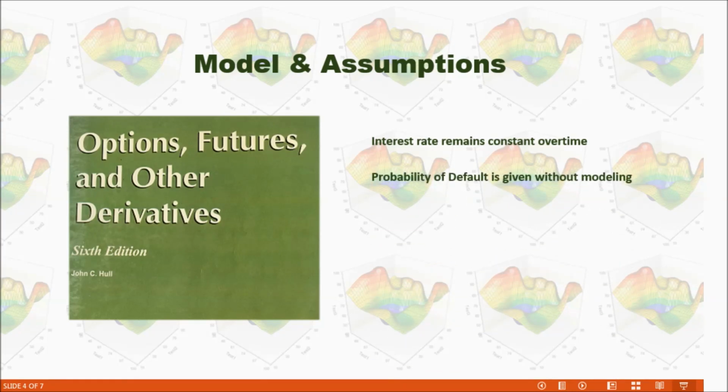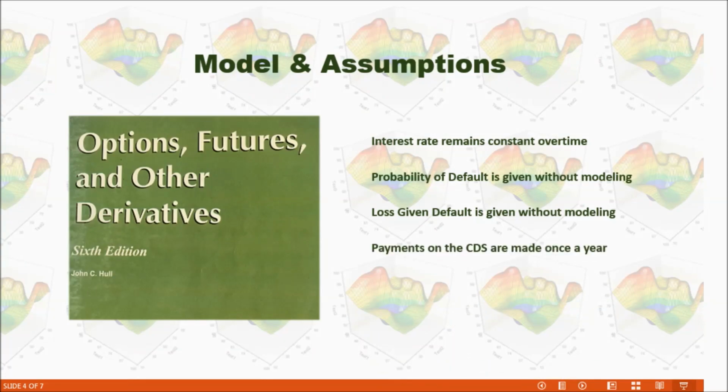Probability of default is given without modeling. Loss given default is given without modeling. And payments on the CDS are made once a year. Defaults always happen halfway through a year.